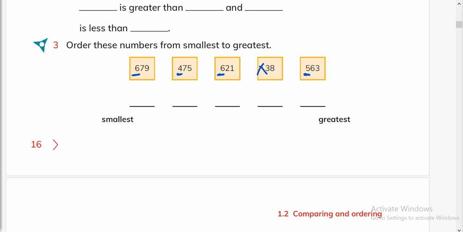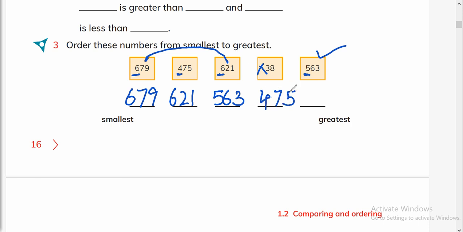Okay, first we will see the hundreds. 600 is greater, so now we will compare 600 and 621. Which number is greater? 679 is greater, and then 621, and then 563, 500, and then we will come to 400, 475, and then the last number is 38.